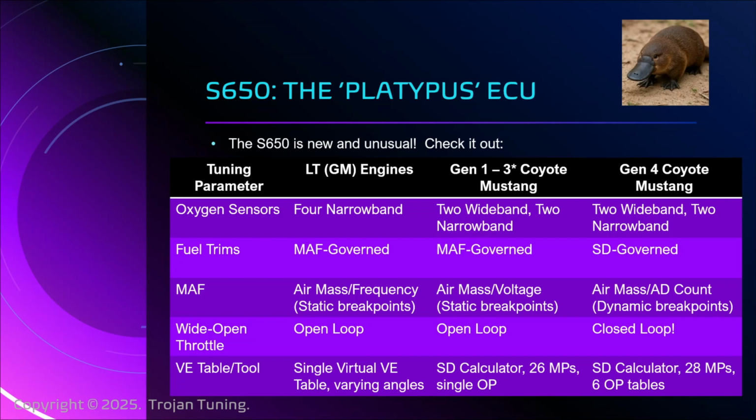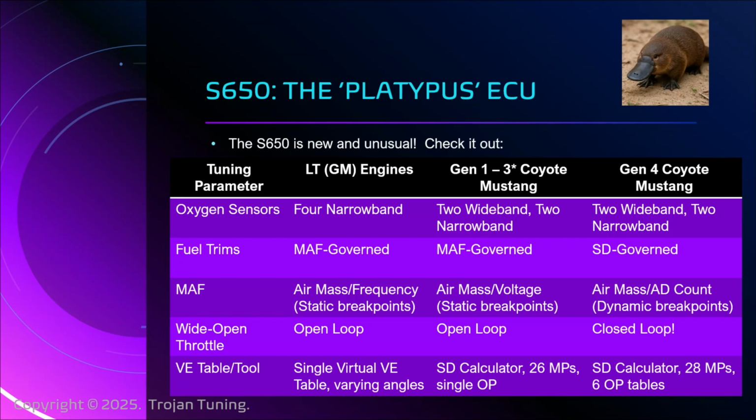One, the S650 ECU is much faster than the S550 in previous generations. There are those who say the S650 is the S550. It's almost like S550 1.5, and this is the thing that makes it the 0.5. This is the advancement. This is what the Ford engineers went into a closed room and spent all their time doing. They said, what if we took an S550 that tends to run open loop at WOT and is still MAF governed?